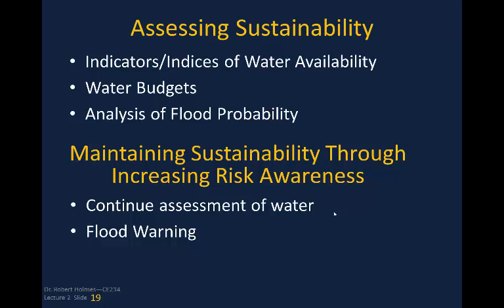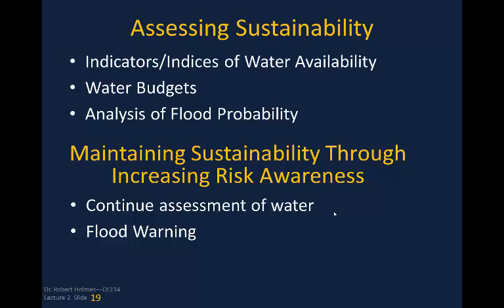We also have the aspect of flood warning. If you are in an area which is prone to flooding, we can set up particular monitoring devices that would give you some sort of warning on the river itself. The Weather Service puts out flash flood warnings. If you don't have a particular gauge, they can just look at the conditions from the thunderstorms, see what kind of rainfall rates they're getting, and issue flash flood warnings.